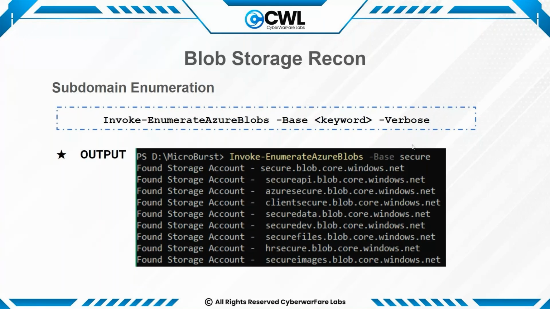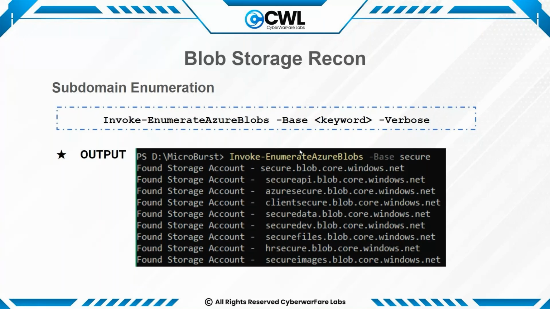This particular Invoke-EnumerateAzureBlob cmdlet is likely designed to enumerate Azure blob storages. The primary purpose of this command is to identify blob storage containers associated with that keyword. This can help in mapping an organization's storage infrastructure, identifying potentially exposed containers, and assessing those particular blob containers for further use.